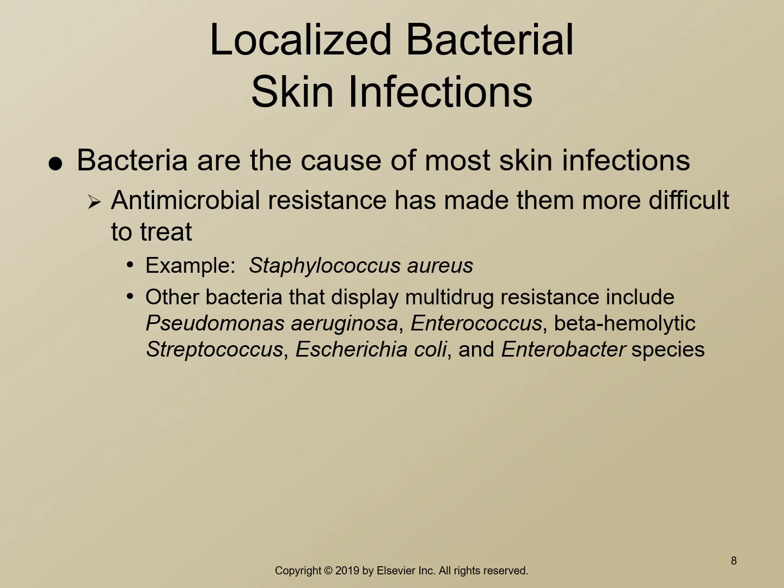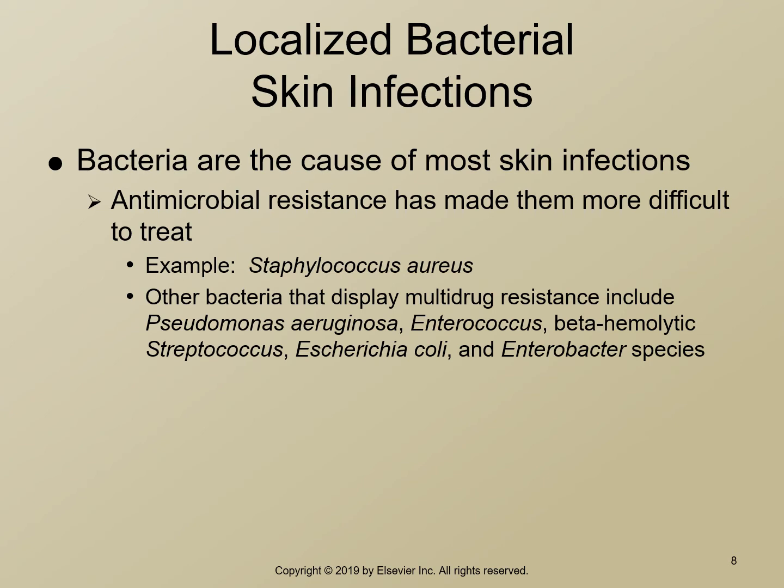An extensive list of infections can involve the skin, but bacteria are the cause of most skin infections, and they have become more difficult to treat in recent years because of increased antimicrobial resistance. Staphylococcus aureus is one of the major causes of skin infections by bacteria, and this is also an organism that has developed resistance.